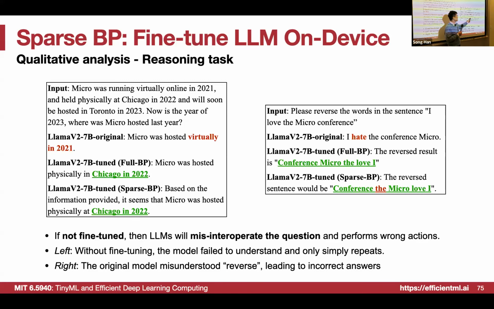The sparse BP fine-tuned model says "conference the MICRO love I," where "the" and "MICRO" are actually messed up. It shows that sparse BP sometimes still has limitations compared with full BP. But this is just cherry-picked; on average it probably won't be that bad.